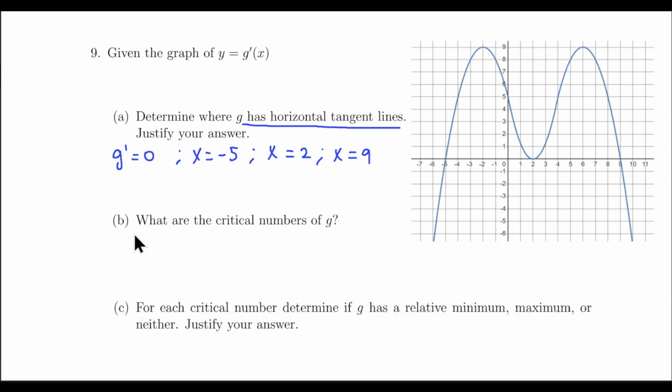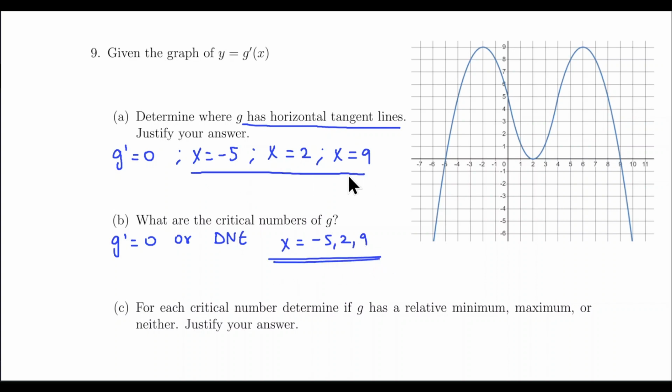Well, critical points of g are wherever g prime is 0 or undefined. I don't see any points where g prime is undefined. I don't see any vertical tangent or anything like that. So I'm again going to stick with g prime equal to 0, which I already have. So the answer will be -5 and 2 and 9.